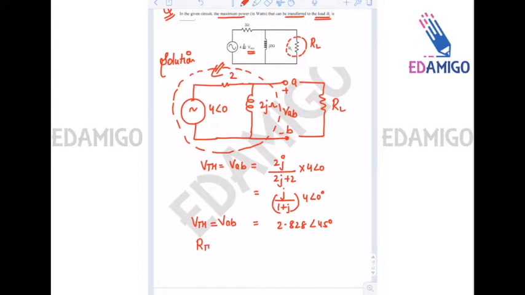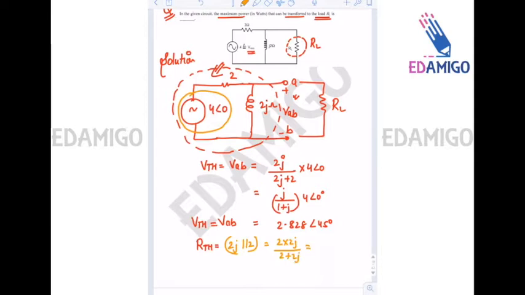Also, to find RTH, or the resistance between terminals A and B, we will first of all short circuit this independent voltage source, and we can see that RTH will be equal to 2j ohms parallel to 2, that is 2 into 2j divided by (2 plus 2j).